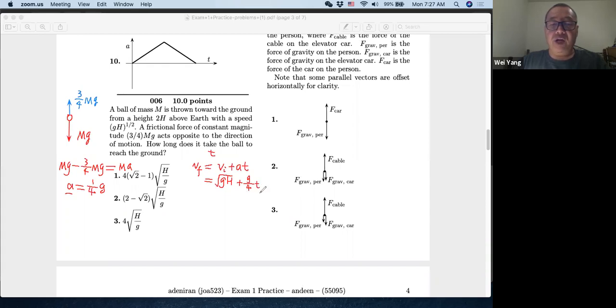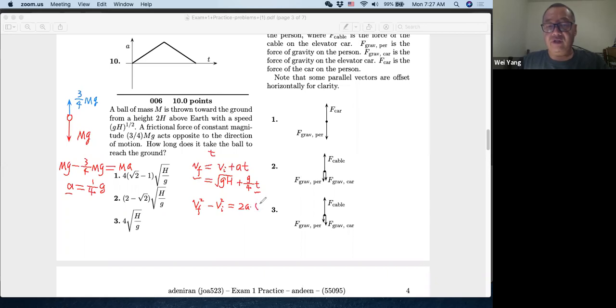In this equation, we have two unknowns. One is t, that's what we're looking for. Another is Vf, the final velocity. We don't know that. So that means we need another equation. We have Vf squared minus Vi squared equals 2 times a times s, that's the distance.